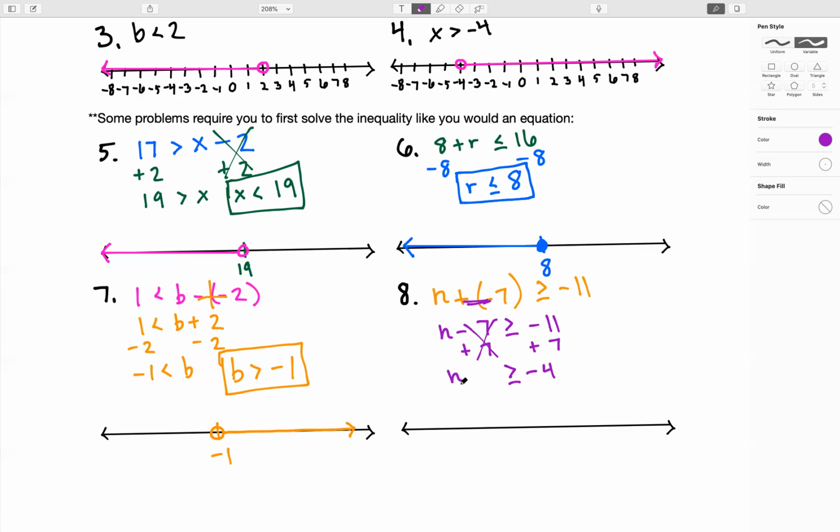So this is where we plot it then, -4. And then is it going to be an open circle or a closed circle? If you see the equal, it's always going to be closed. So let's make a solid circle right here. And then n is everything greater than or equal to -4. So our arrow is going to be going to the right. And we're done.